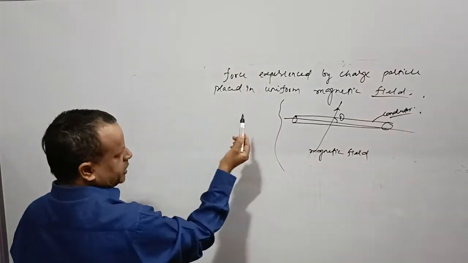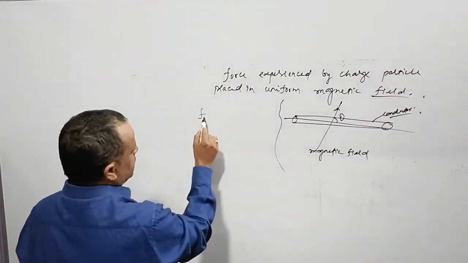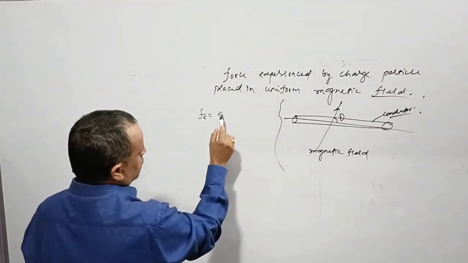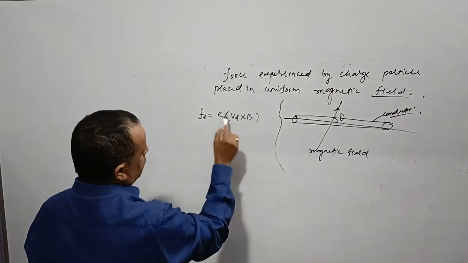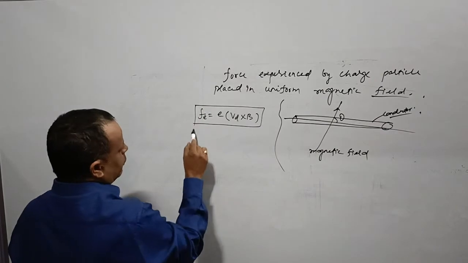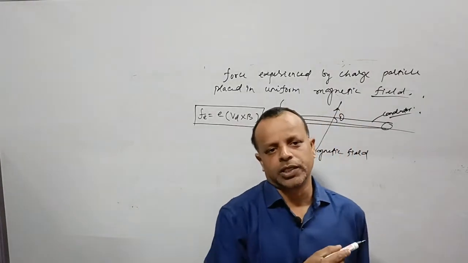We have studied in the earlier part that the force experienced by a charge is equal to e into v cross B. We will determine the force experienced by each electron in a conductor.